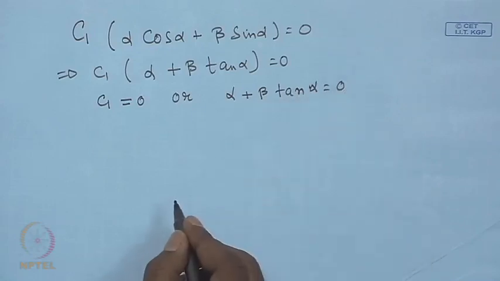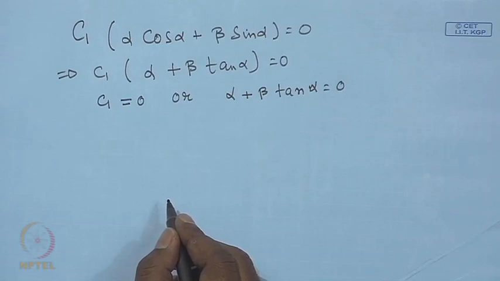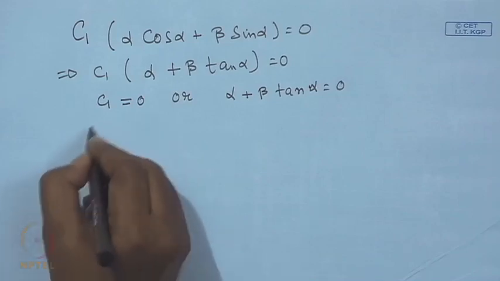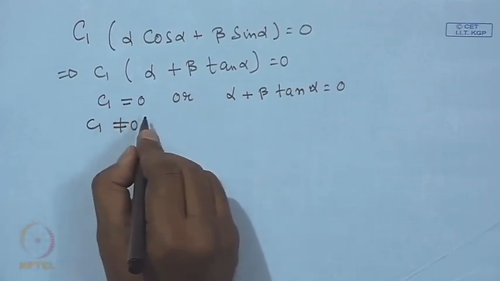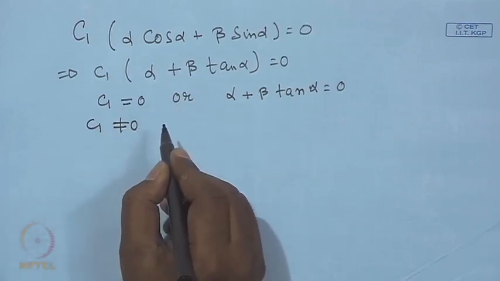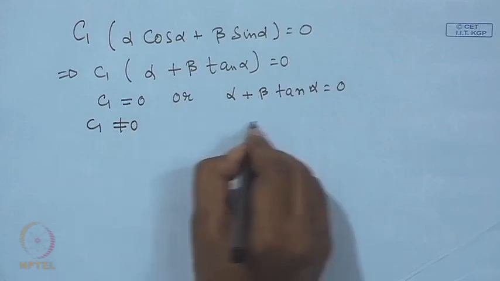Now, if C 1 is equal to 0, again we are going to get a trivial solution, because the solution, if you remember, is in the form y is equal to C 1 sin alpha x. So C 1 cannot be equal to 0, because then we are going to get a trivial solution. So what is the option now left?